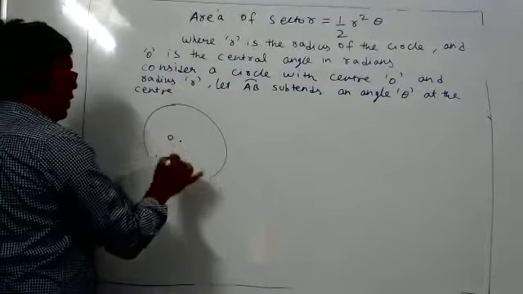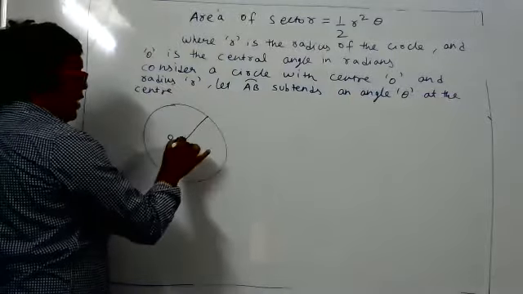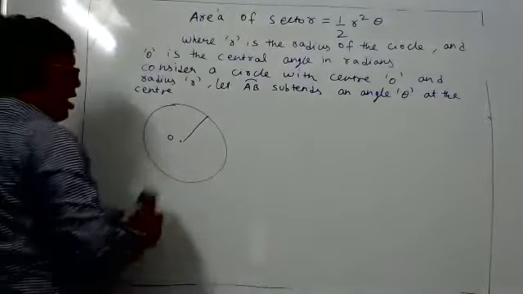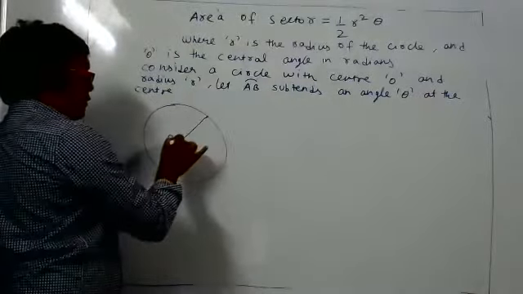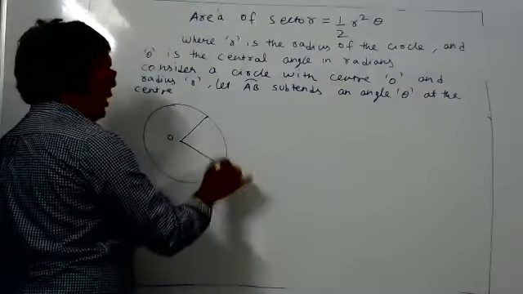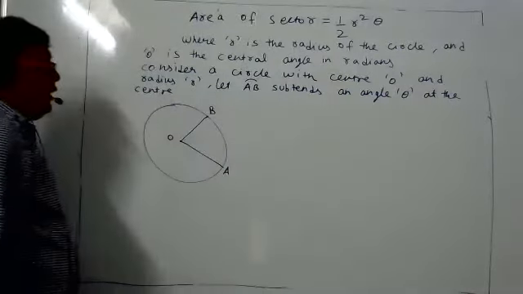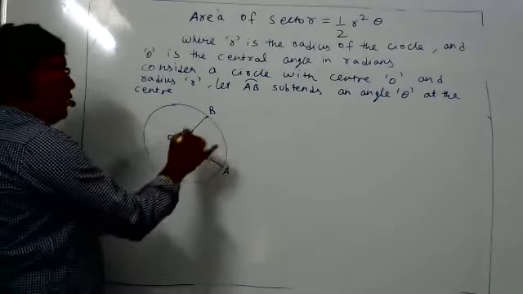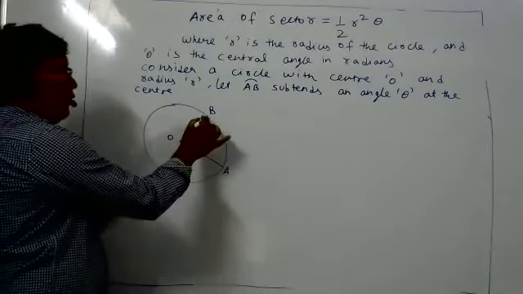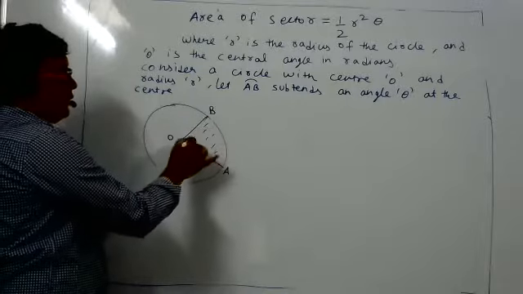This is the center O. This is the arc AB. If I join the points A and O and B, I will get two radii. So we will learn how to find the area of this sector.